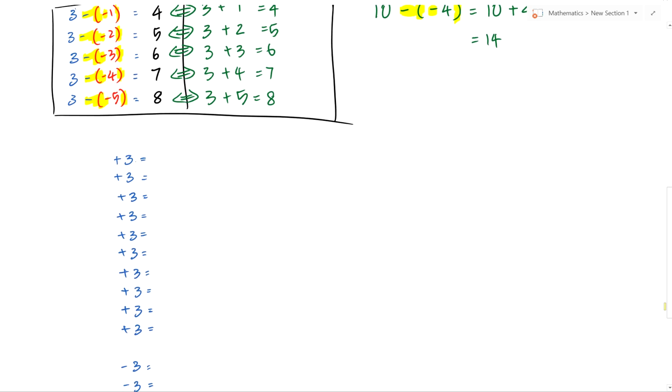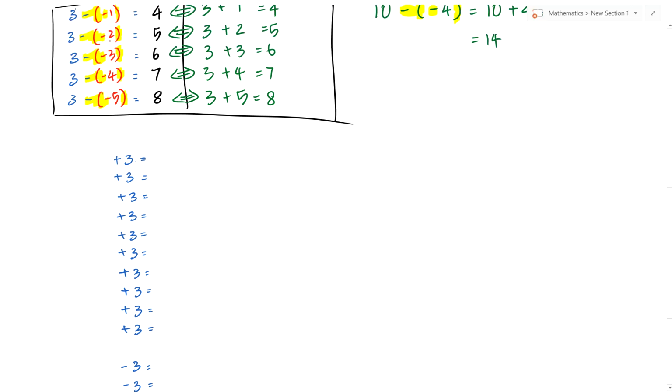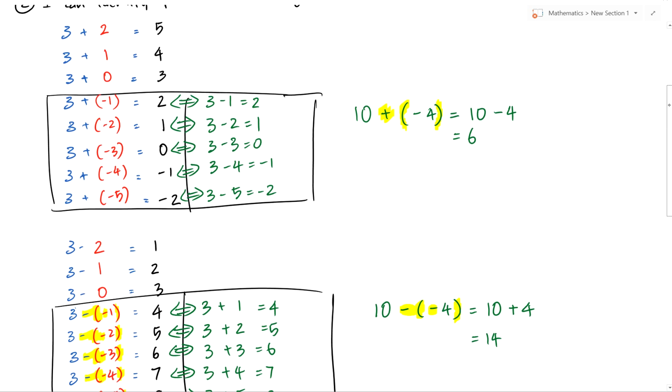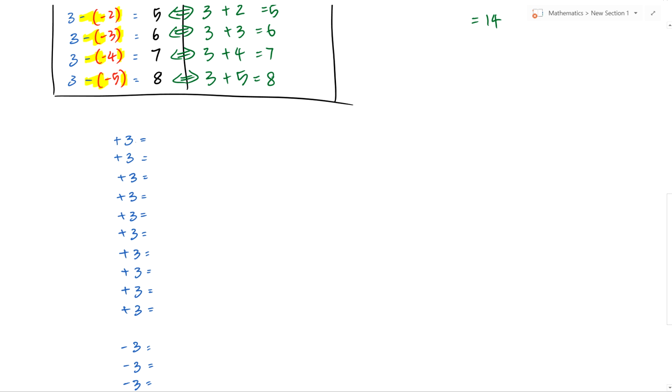Now we have already added and subtracted negative numbers. What if the sequence is reversed? So instead of starting with a positive 3 in the first two cases, I will now be writing 3, 2, 1, 0, -1, -2, -3, -4, -5, and -6.